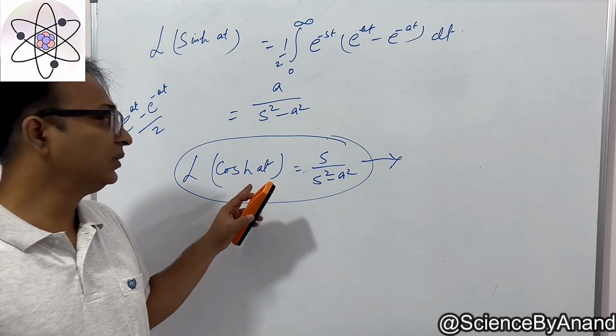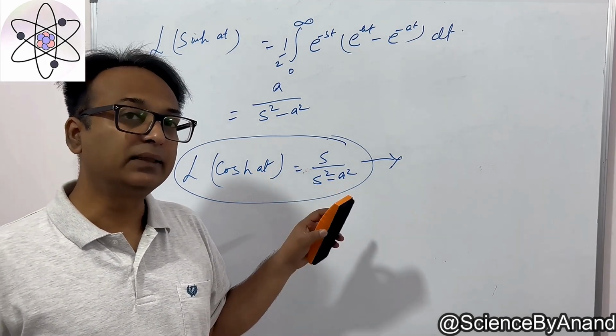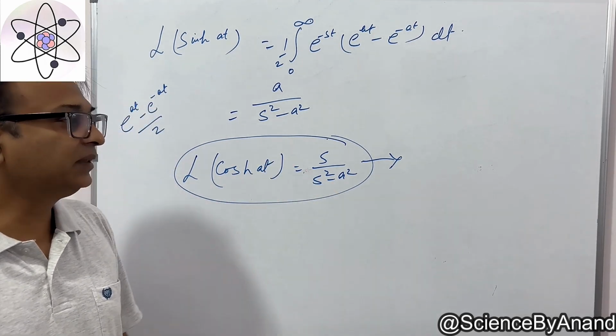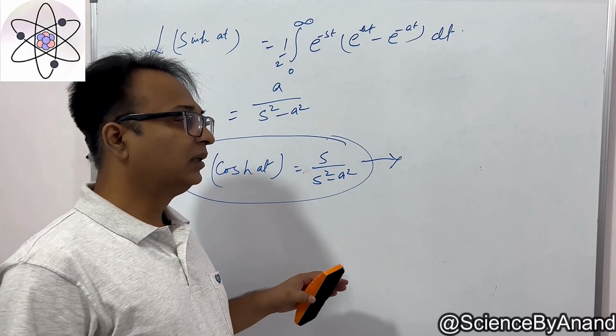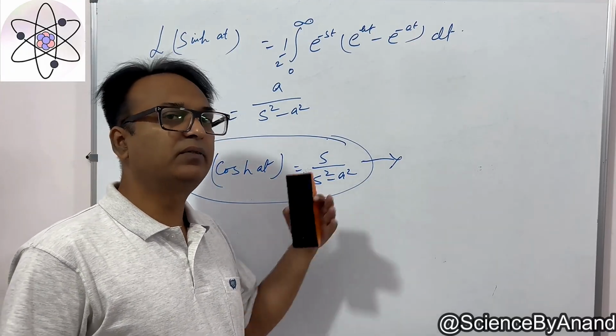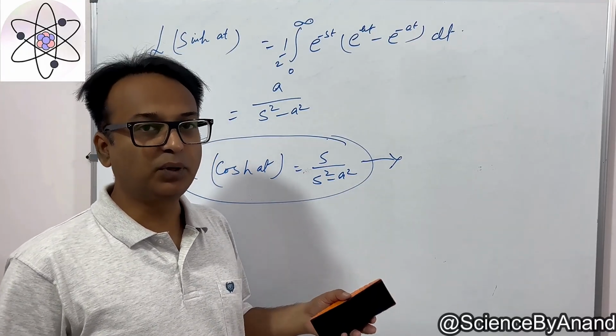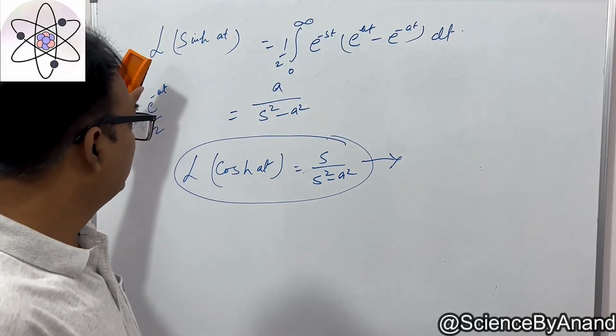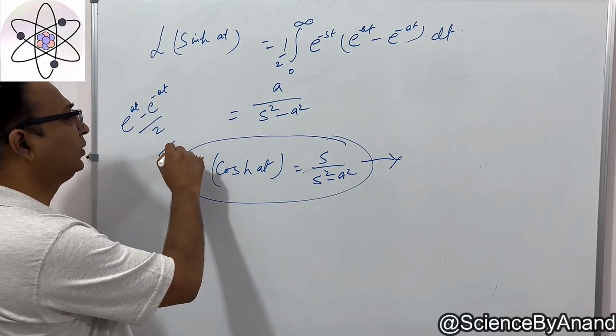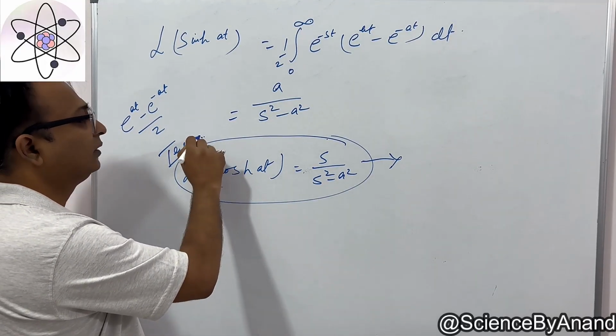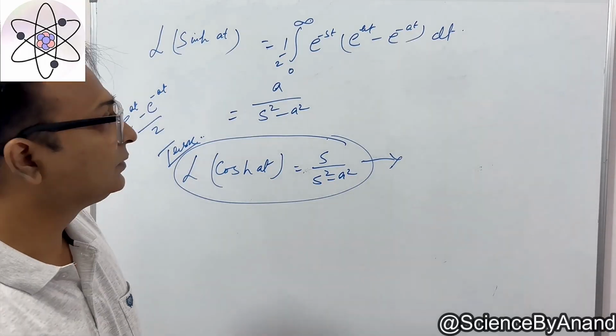Laplace transform of cos hyperbolic at. Do it. Tomorrow we will see the properties of Laplace transforms and then we will solve many problems. So this is your task for today. Do it in your copy. We will see tomorrow.